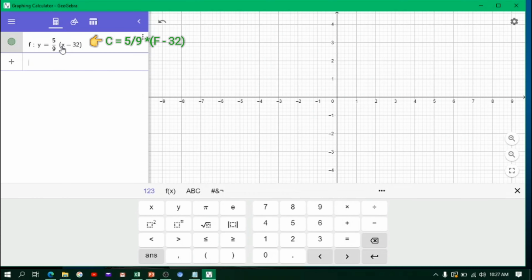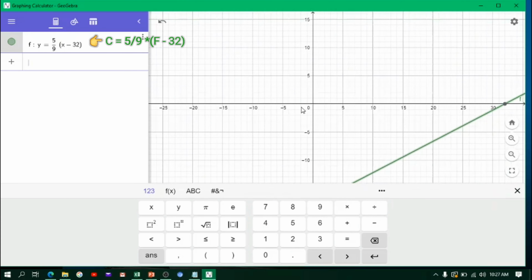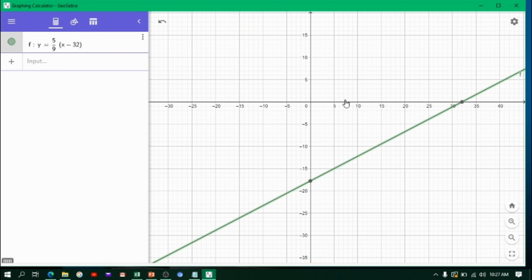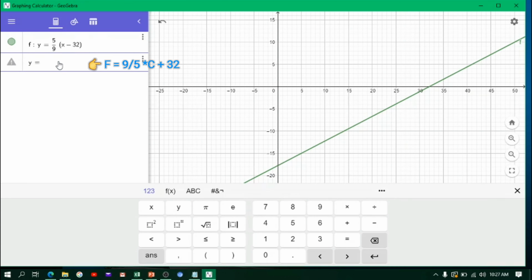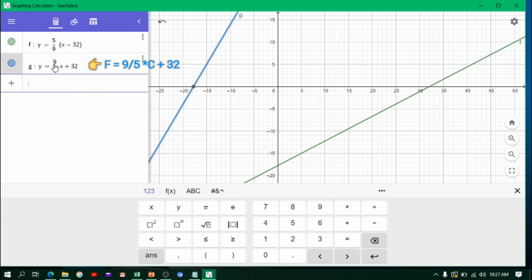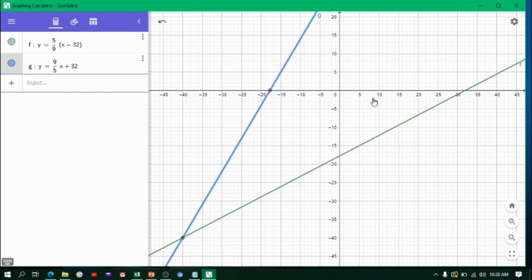And we instantly see the graph on the right side. Second equation, we'll assign the variable y as Fahrenheit that depends on the values of Celsius x, and the equation goes as y equals 9/5x plus 32, and the graph is shown on the right side in color blue.